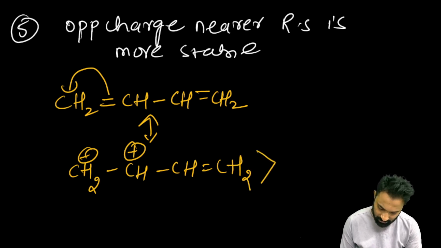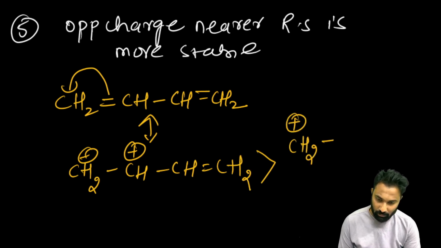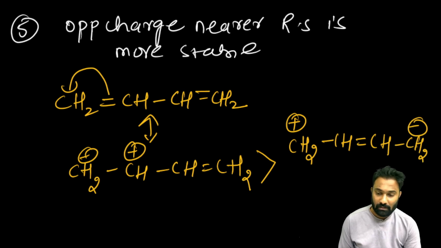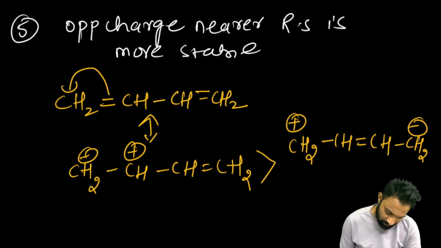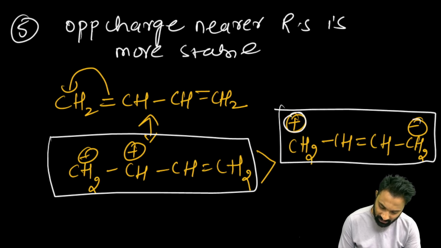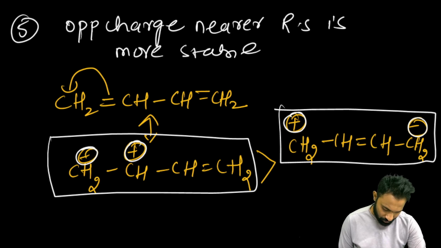Now this structure is more stable than which one? The one with CH2 positive charge, and here CH double bond CH and CH2 negative. Compared to this resonating structure, that one is less stable because the opposite charges are far away from each other. Here the opposite charges are nearer to each other. Clear? Done.